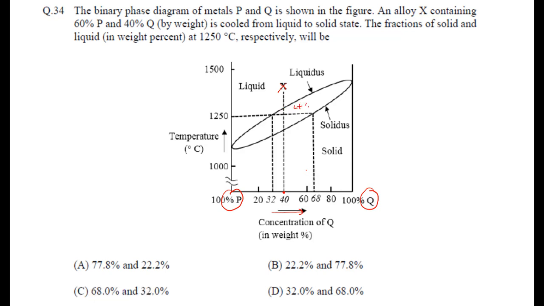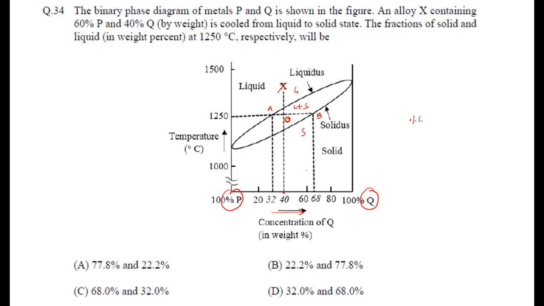So it will contain liquid plus solid. Here is the liquid and here is the solid. Fine. Now, we'll use this tie line A, B and let it be O. Fine. So in the left hand side we have got liquid.